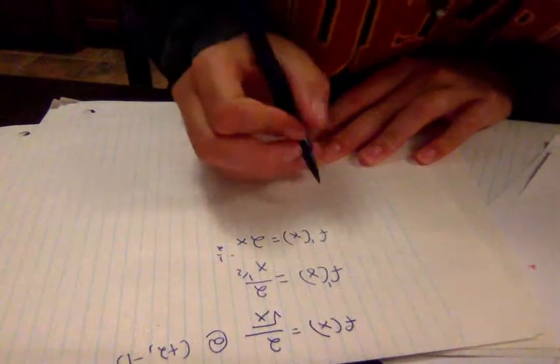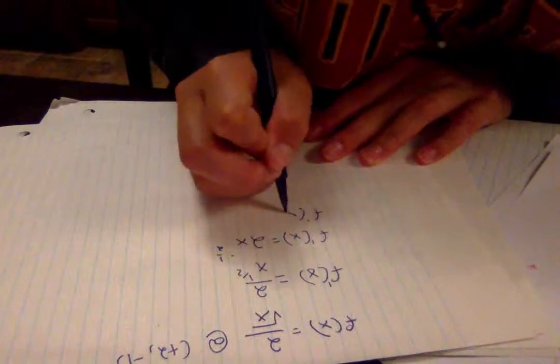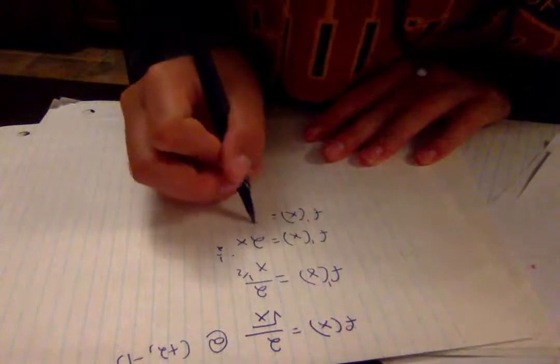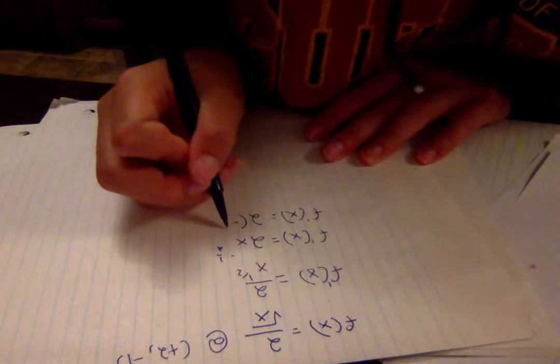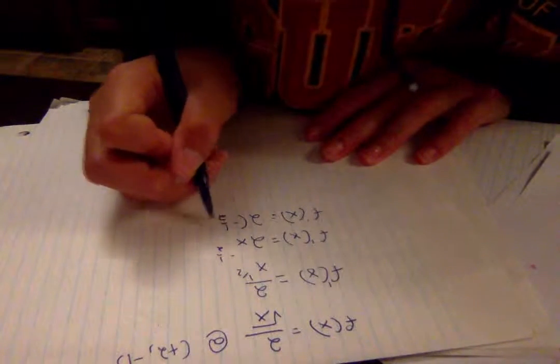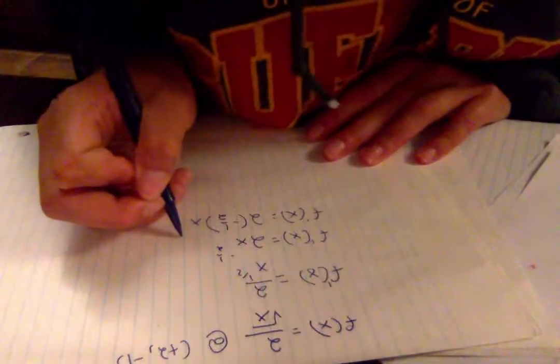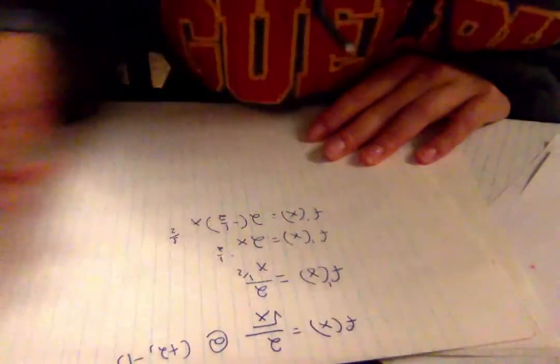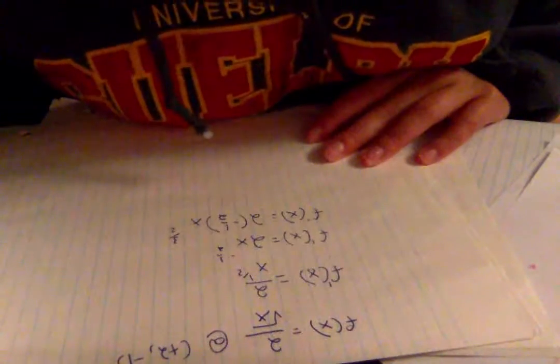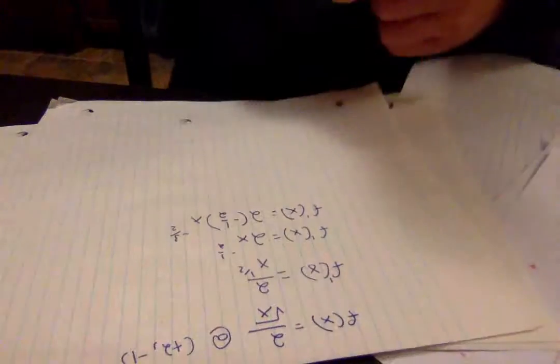Our next step is going to be really important. I'll show you first before we do it. So our next step is f prime of x equals 2 times -1/2 x to the power of -3/2.